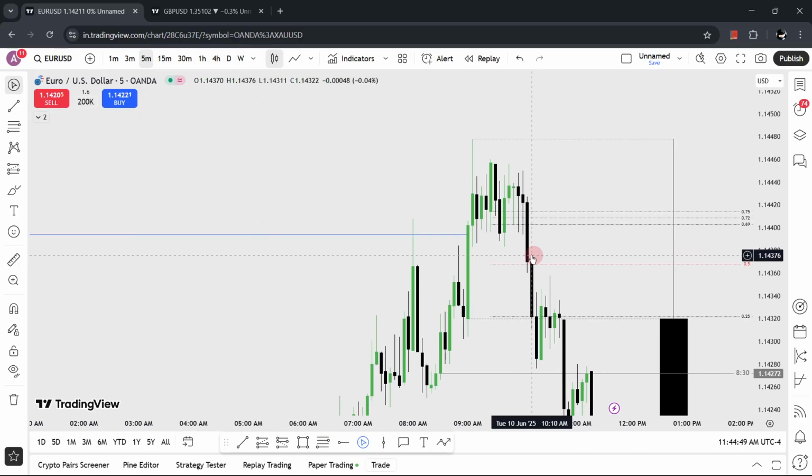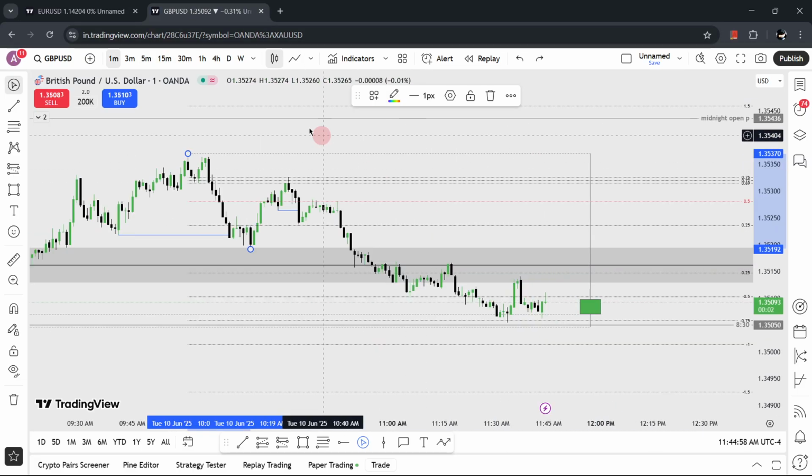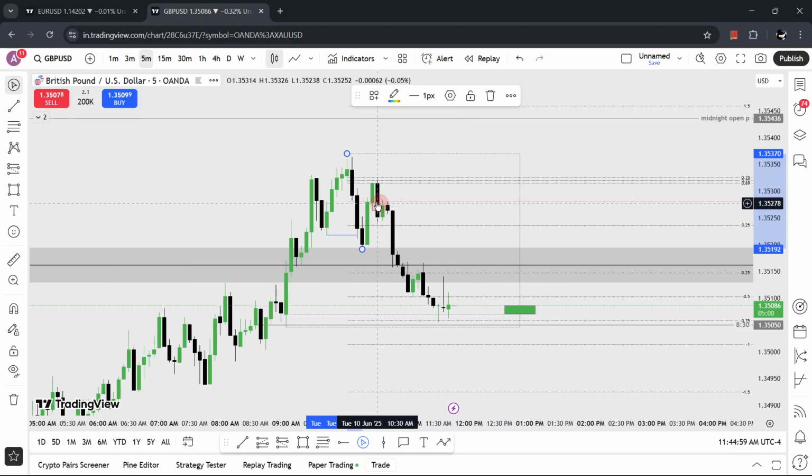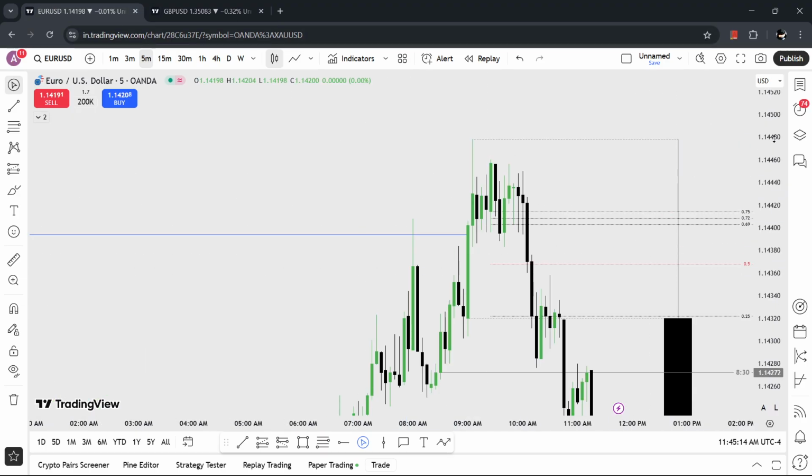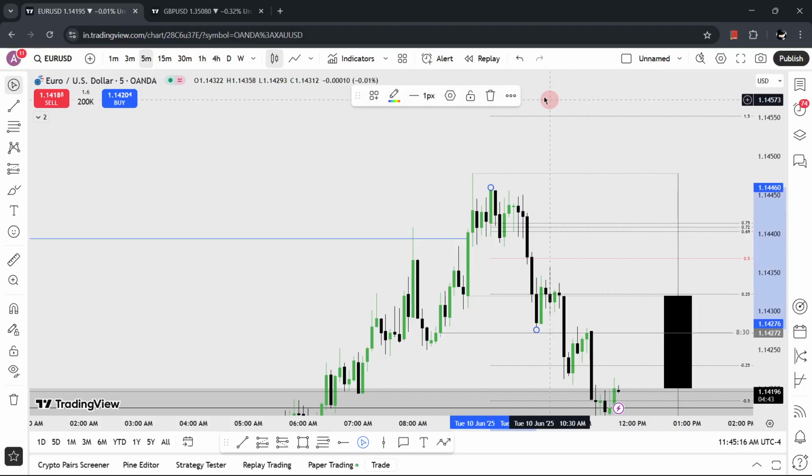I just put an order there, but it doesn't even come above this 50 percent level. But in GU, you can say it came above this 50 percent level and then pushed down. And at the end of this video, I will show you something that happened great today. So I think you got the trade that I have explained until now.